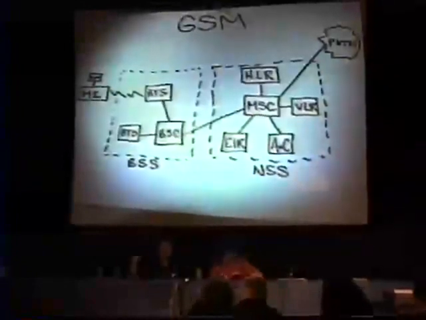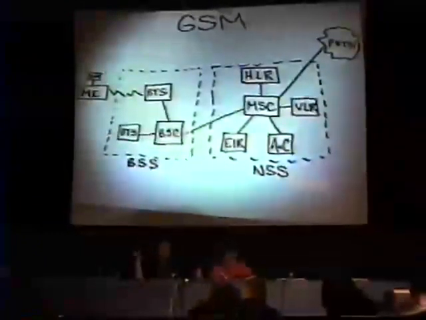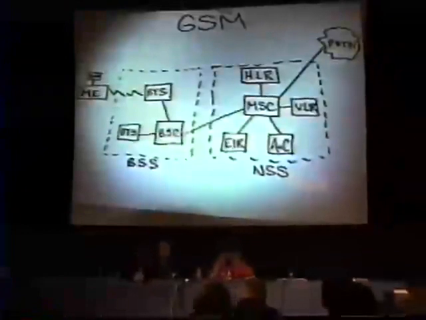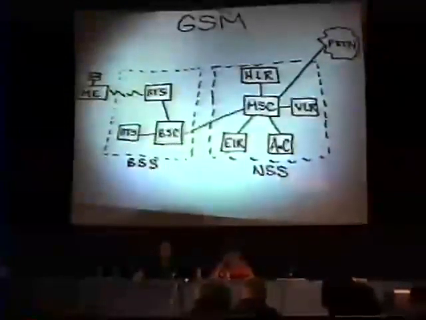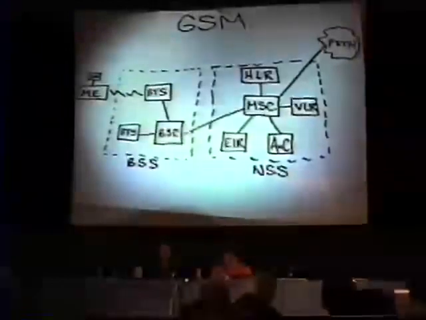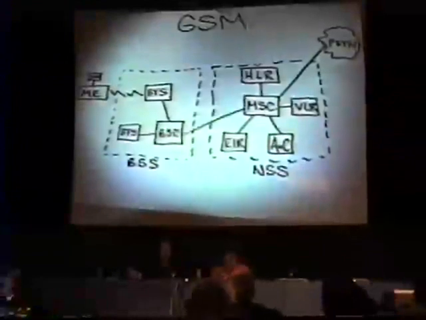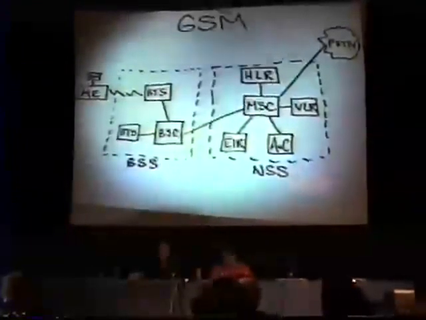The BSC is basically a means of doing diagnostics, making sure all the cells in a particular area are functioning properly, and all these tests can be done remotely. The BSCs connect to the Mobile Switching Center, the MSC, better known as the switch.